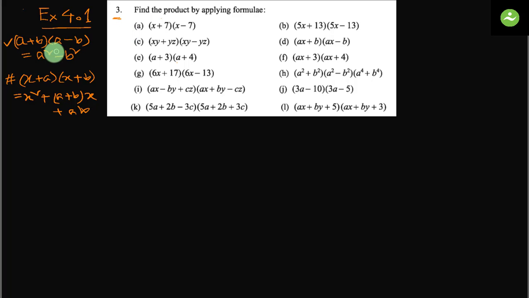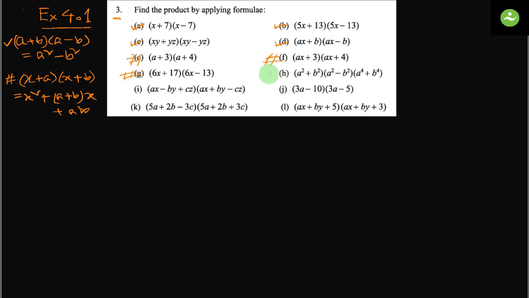Which one can we apply? A square, A plus B, A minus B. This one, A plus B, A minus B. This one is x plus A, x plus B, because the value is different. This is hash. Value is different, this is hash. Value different, this should be hash.